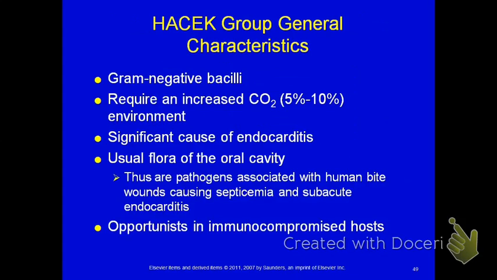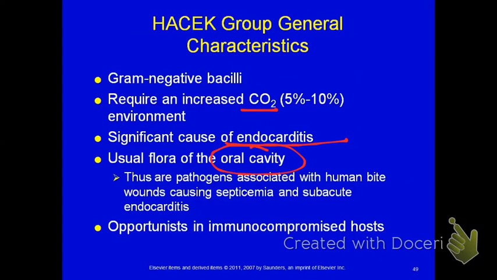Generally speaking, we have actually discussed already the Haemophilus, but how about the other HACEK organisms? Anyway, the organisms are gram-negative bacilli. They are capnophilic because they require CO2, and they could cause endocarditis. Now, the usual flora is the oral cavity.